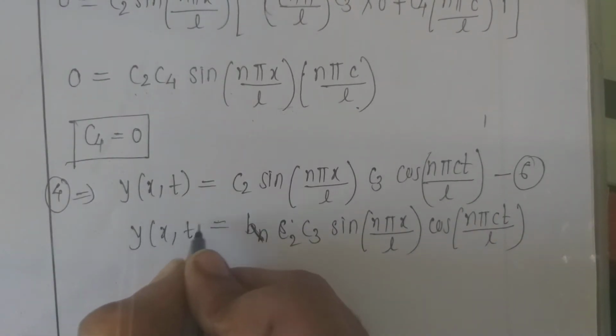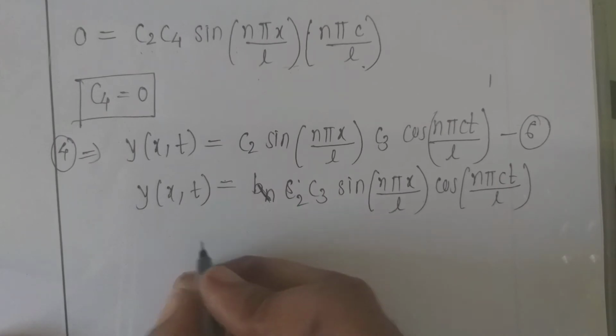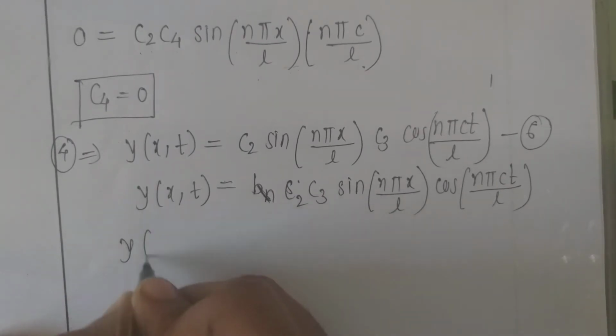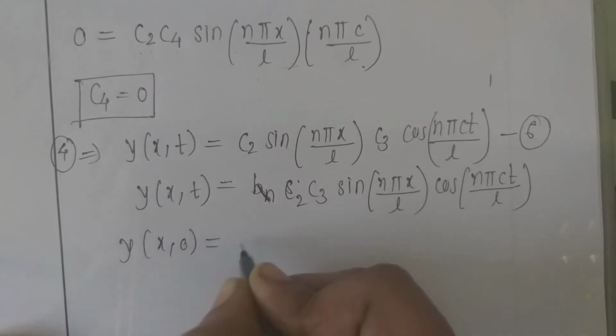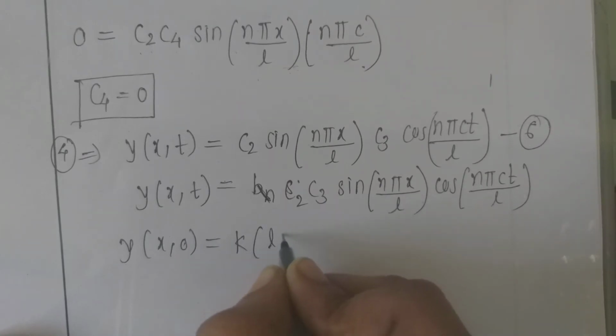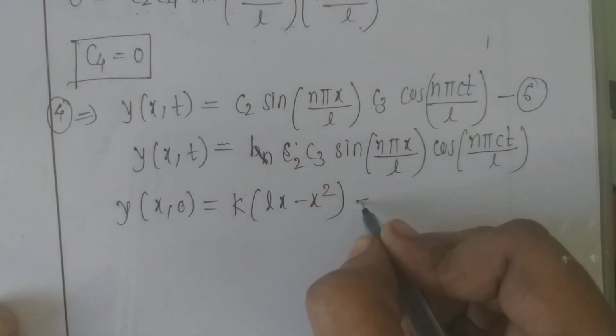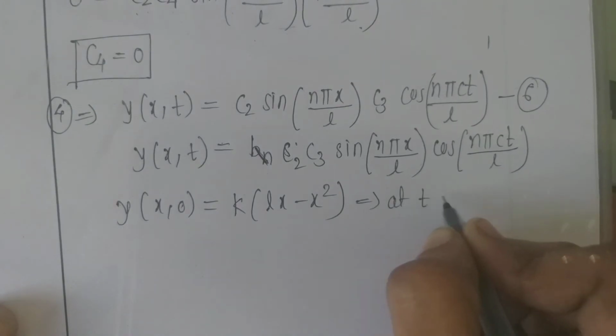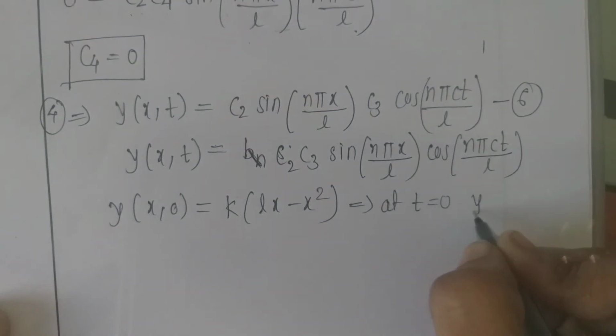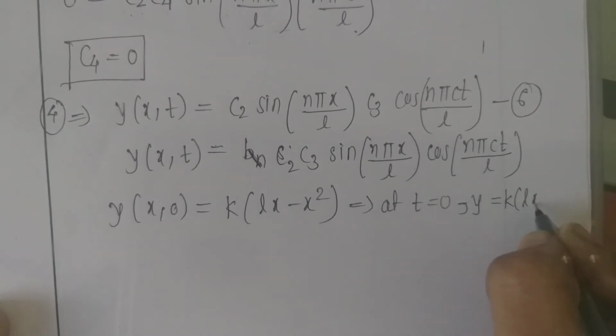Now use another condition, which is the last condition: y(x,0) is equal to k times (Lx − x²). What is the meaning of this? At t = 0, the y value is equal to k times (Lx − x²).